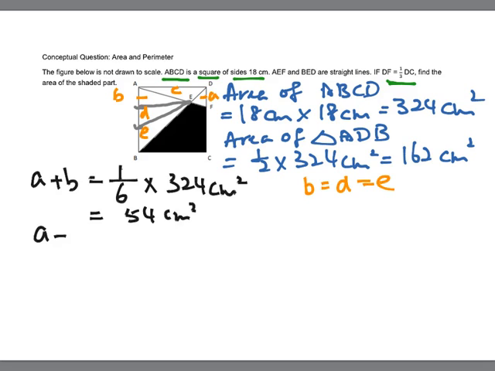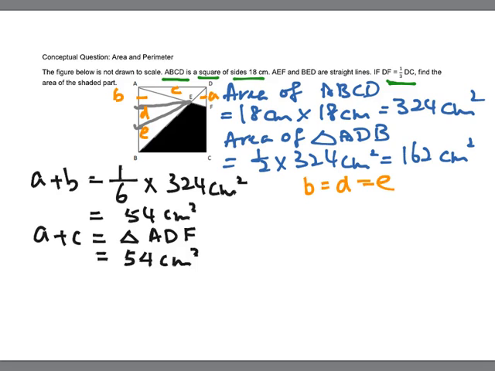Next, look at A plus C, which is actually equal to the area of triangle ADF. It's the same thing. So it equals 54 square centimeters. If you calculate half times base times height, you get this answer.